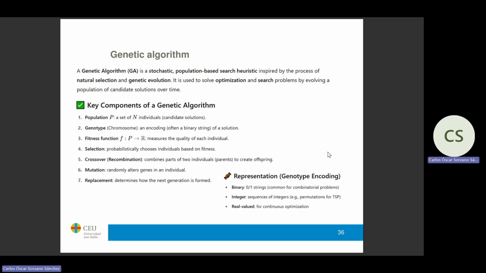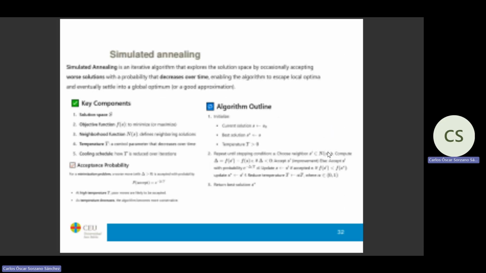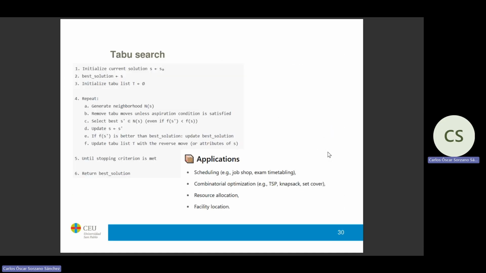Okay, so the next family of algorithms are these genetic algorithms. Have you seen them before? Again, these are very, very much used. You have seen that stochastic algorithms have already appeared a few times.